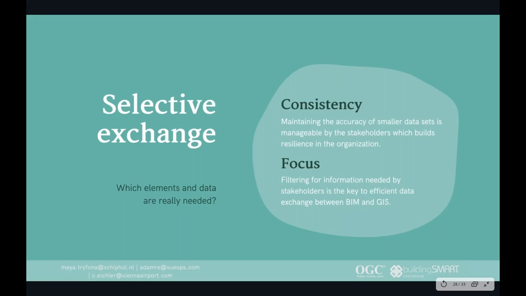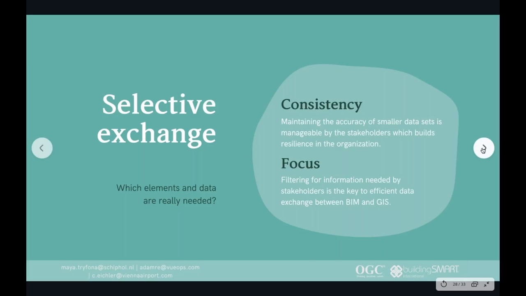The selective exchange is also building resilience in an organization, because a smaller data set is easier to maintain, of course, and your stakeholders can be clearly in control of what they need and become also more aware on how to collaborate better with the other stakeholders within the organization and outside the organization.